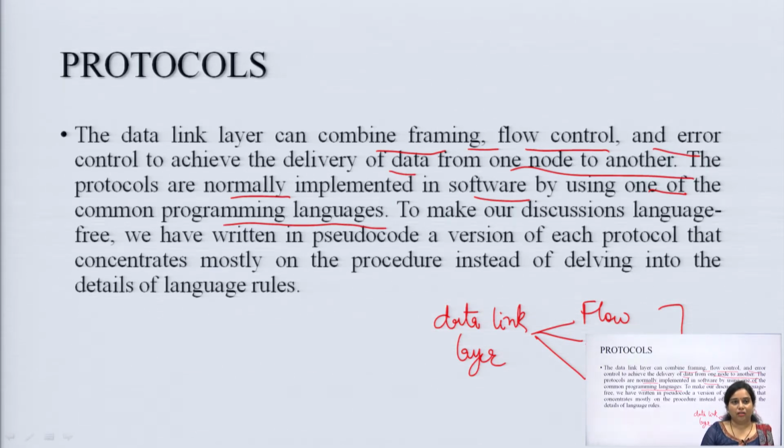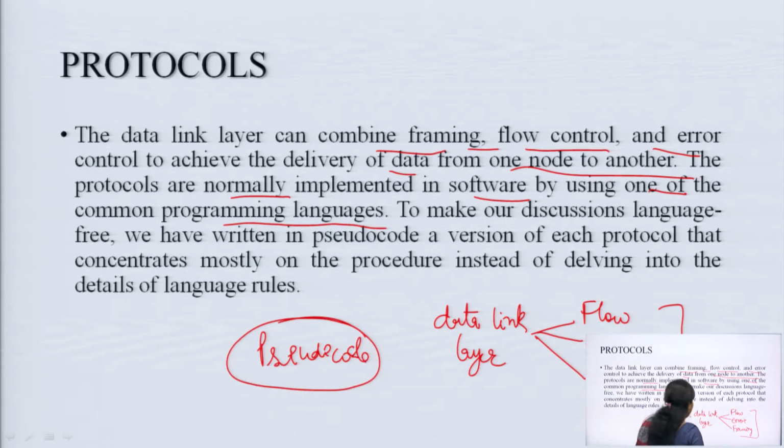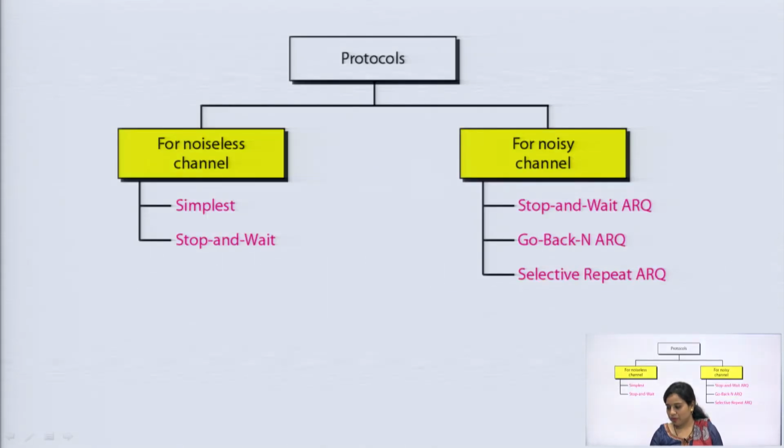So, a very common basic example is that a pseudo code will be used, a code that is not language specific. It is only agreed upon by the transmitter and the receiver, and any user can use this pseudo code for transmission and reception purposes.